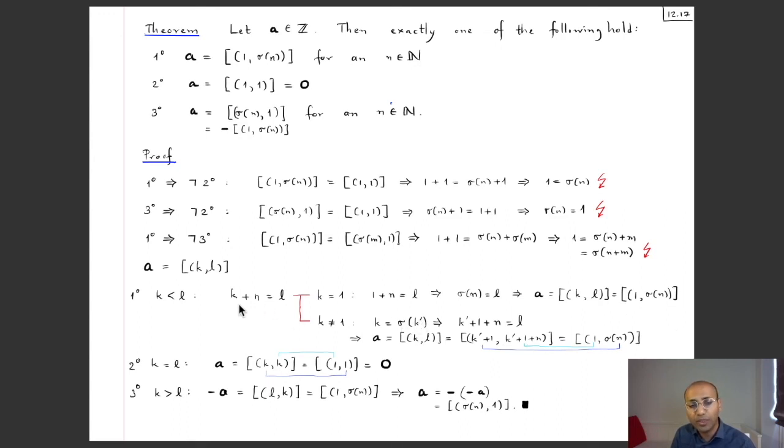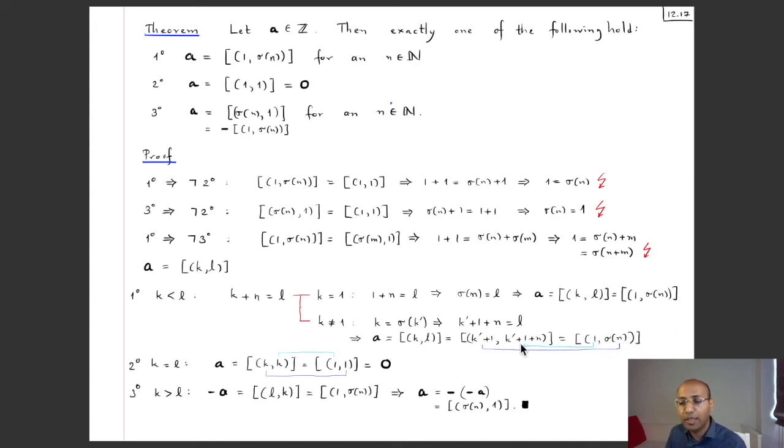So then this equation reads sigma K prime plus n is equal to L, but sigma K prime is K prime plus 1, so you get K prime plus 1 plus n is equal to L. Now A is the equivalence class containing the ordered pair (K, L), but now this K is the successor of K prime, so that's K prime plus 1, and L we have discovered is K prime plus 1 plus n, so it is this one.